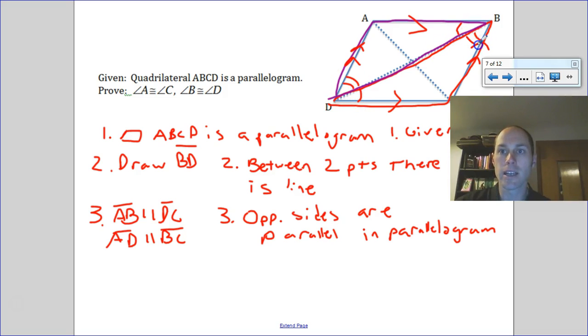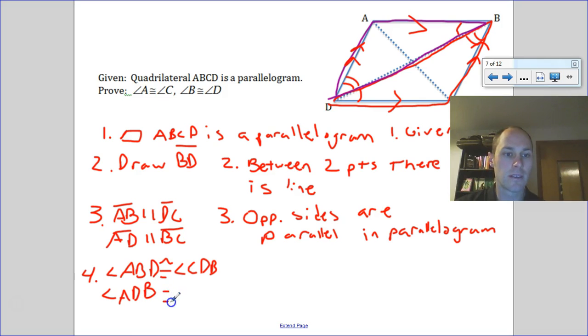So the next thing I can say is angle ABD is congruent to angle CDB, and angle ADB is congruent to angle CBD. And that would be the alternate interior angles theorem.